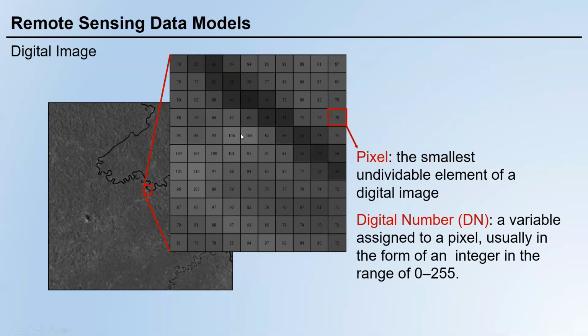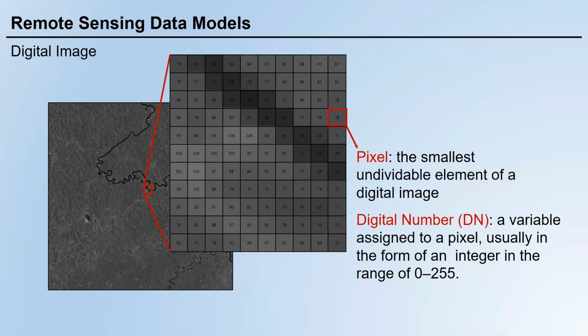If you compare their DNs, a dark pixel has a smaller value of DN, 32. A bright pixel has a relatively larger DN value, 106, for example. So if the DN value is large, the pixel is bright. If the DN value is relatively low, the pixel is relatively dark.